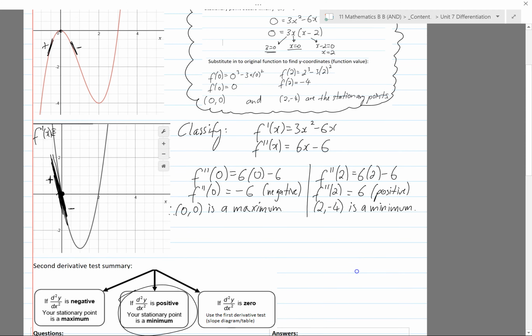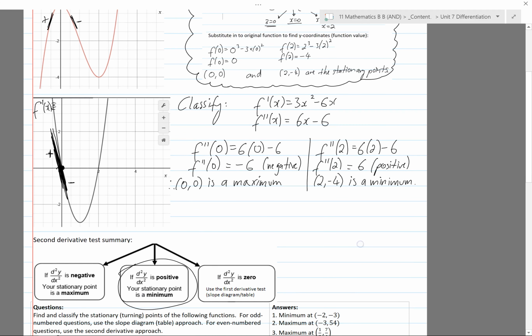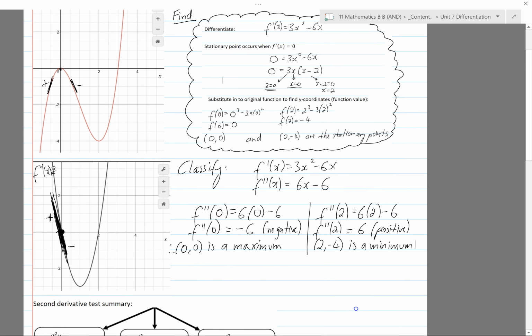Again, I can just read this test summary, or I'll try and understand what's going on. At this point, 2, -4, I know the slope is 0, so there's my 0 slope on my slope curve. By looking at the second derivative test, I know that the slope of the slope function at that point is positive, which means it's going from a negative slope to a positive slope, which we can see on the diagram: negative, flat, positive.